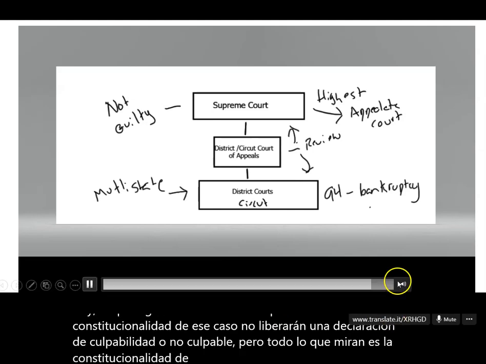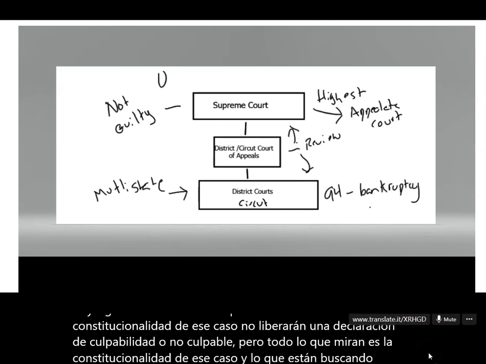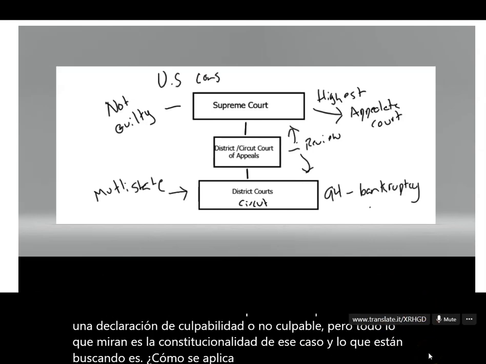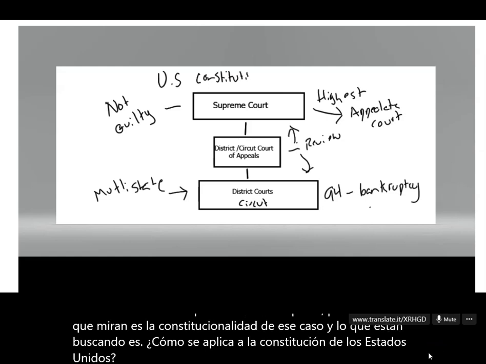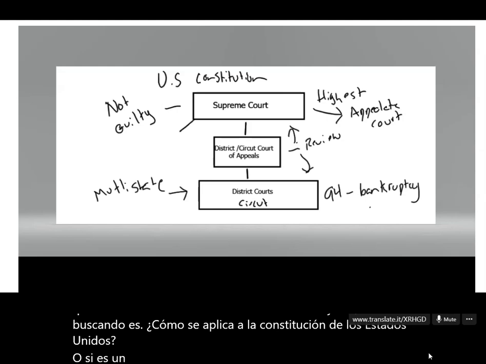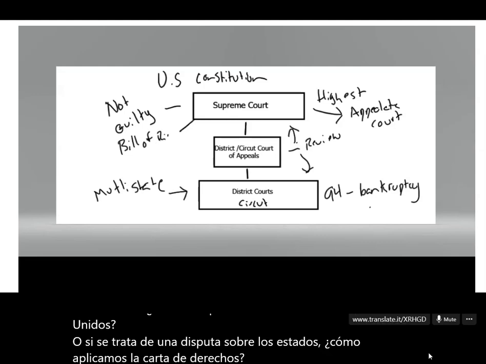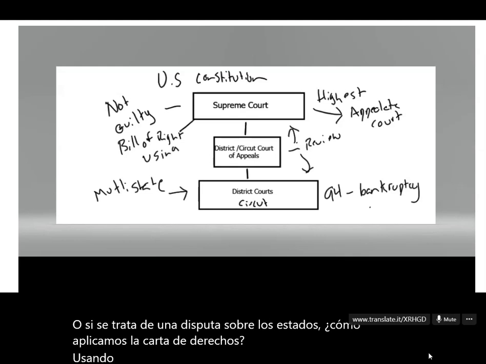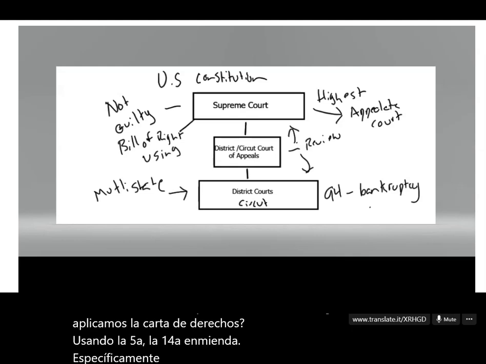And what they're looking for is, how does it apply to the U.S. Constitution? Okay, or if it's a dispute over states, how do we apply the Bill of Rights using the 14th Amendment? Specifically, the Due Process Clause.